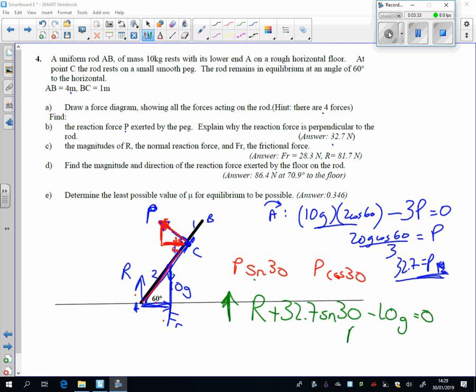So adding the 10g and taking off the other bit there tells us that the reaction there is 81.7 newtons. If I now go horizontally, the friction that way is directly opposite the 32.7 cos 30. So the friction is 32.7 cos 30, which is 28.3 newtons.